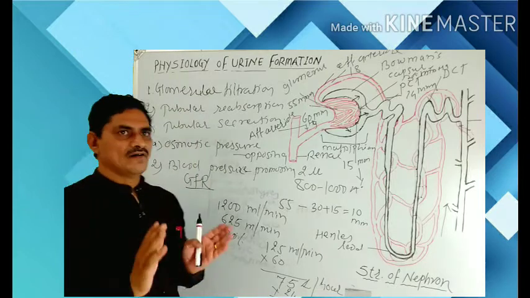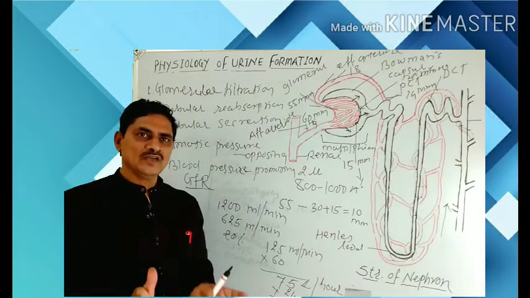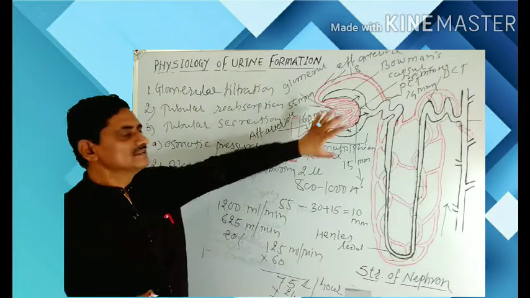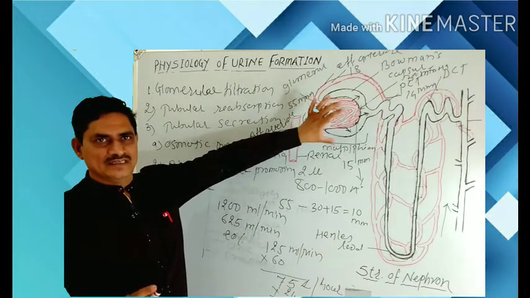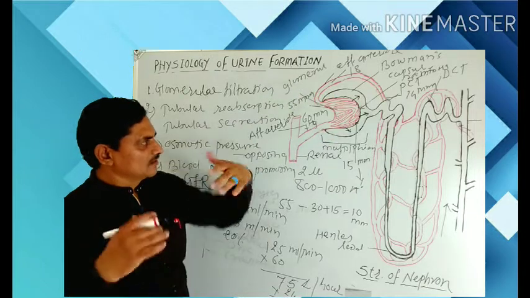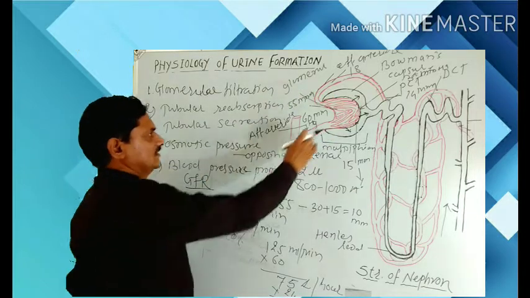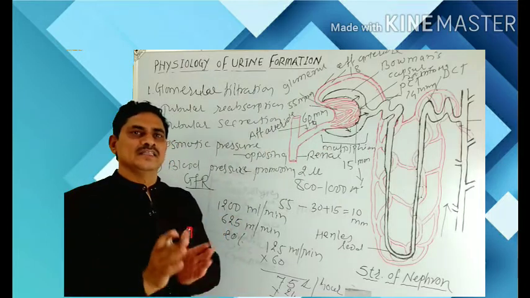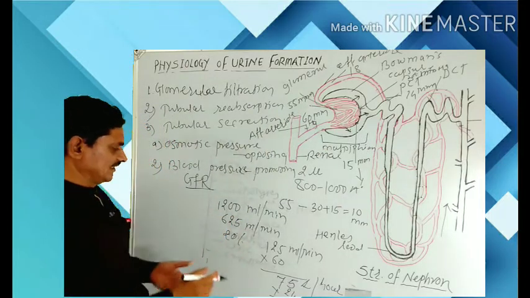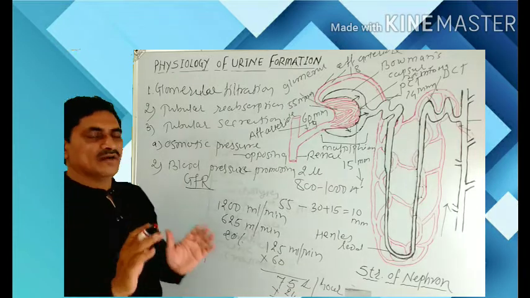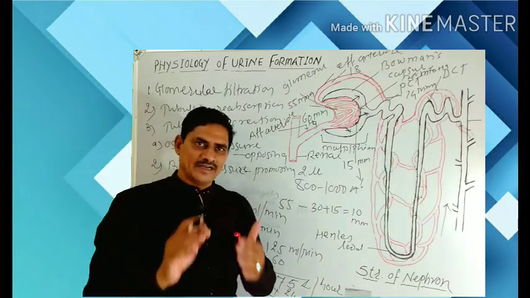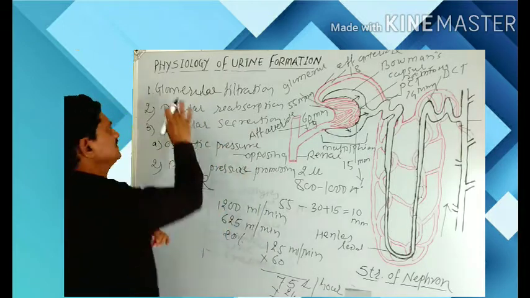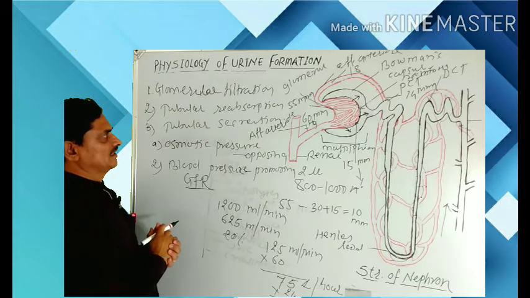The filtration occurs through the glomerulus, it is glomerular filtrate, and it occurs with the hydrostatic force. Therefore, this is the ultrafiltration, filtration under the pressure, and its rate is how much the filtrate occurs per minute.